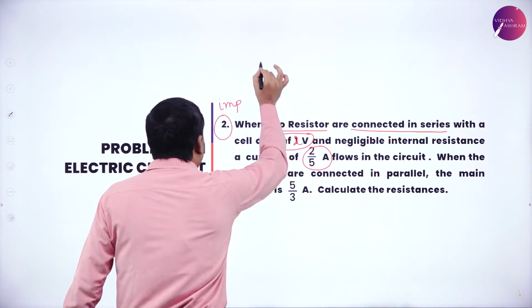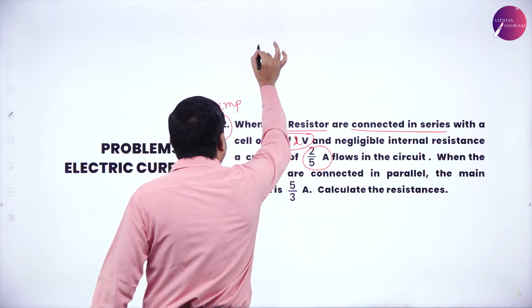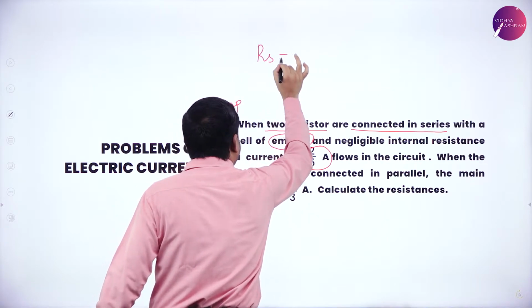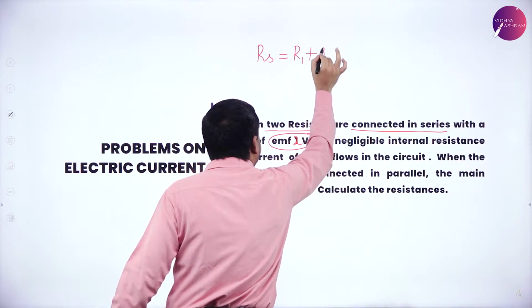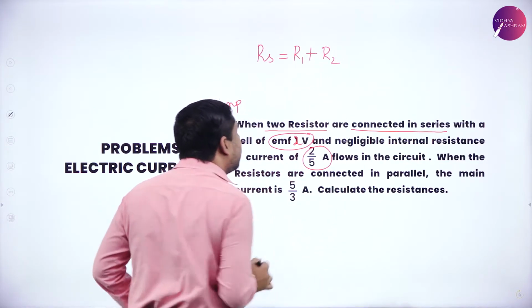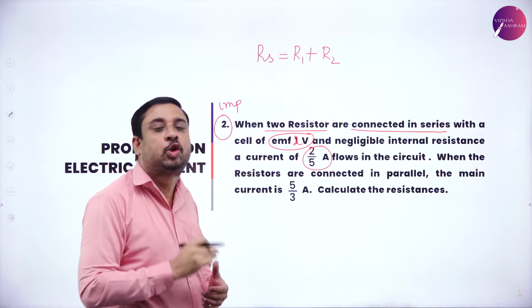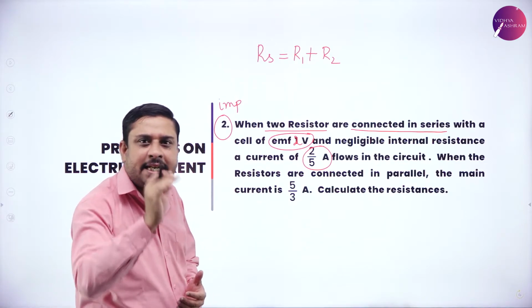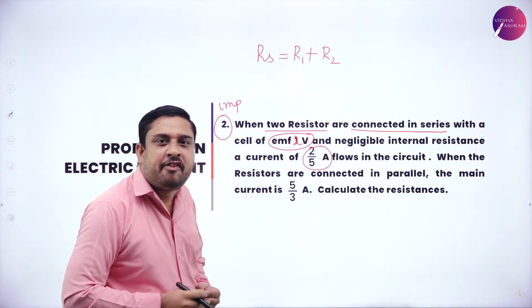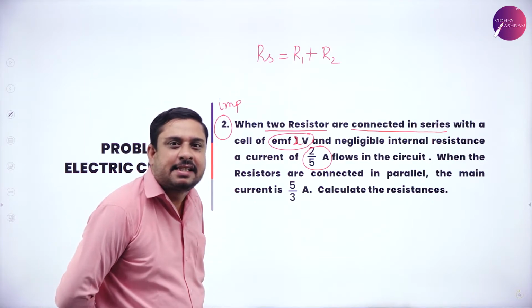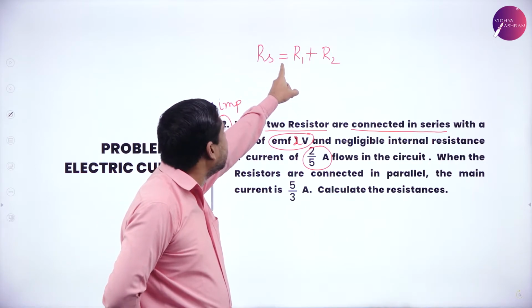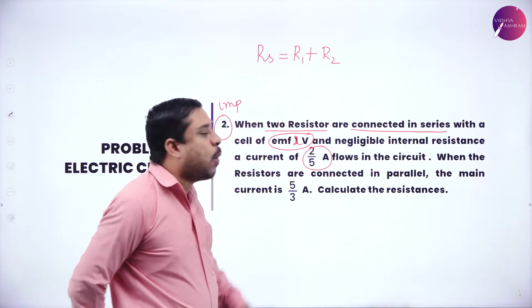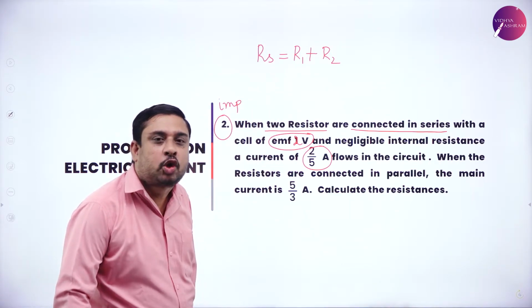So, when two resistors are connected in series, RS is R1 plus R2. We have derived the effective resistance in series. RS equals R1 plus R2.